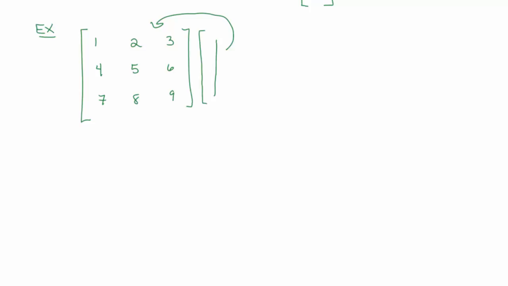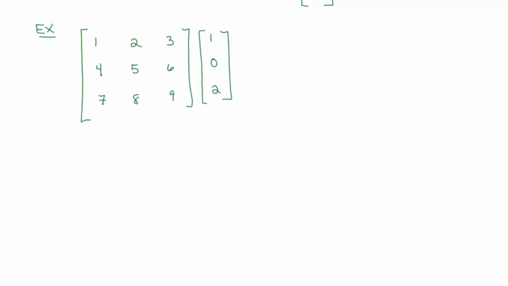Well, you see you have 3 columns there, so I had better be multiplying by a column matrix that has 3 rows. So let's just say it's a 1, 0, 2. Okay, we multiply by a column matrix 1, 0, 2.